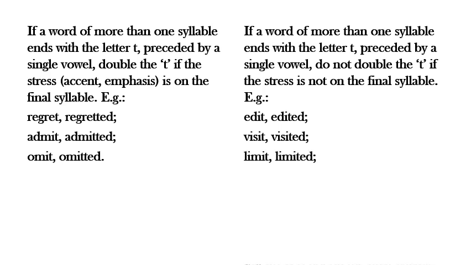Okay, limit and limited. Again, you don't double the T. If you did double the T, it would be limitted, and there's no such word in English. Sorry about that. And then, of course, this is a much longer word, benefit. Okay, benefited. And again, no stress on that final syllable. Good, moving on.